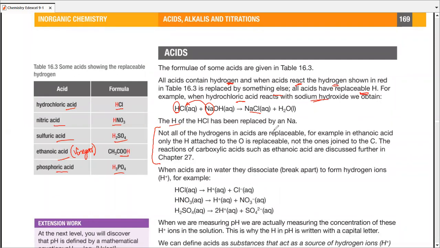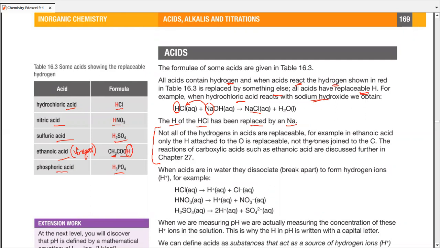So the H of HCl has been replaced by an Na, sodium atom. Note, in a molecule, not all of the hydrogen atoms are replaceable. Sometimes the hydrogen atoms are not replaceable, like the ones in ethanoic acid. So we have written them in black, but the hydrogen that is replaceable has been written in red.